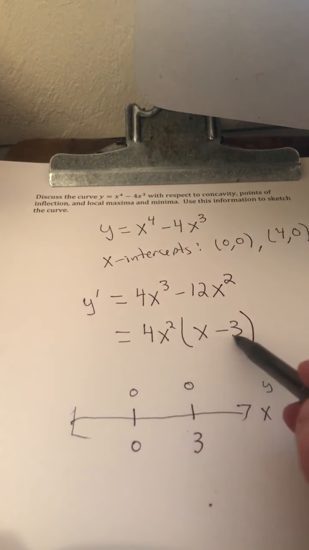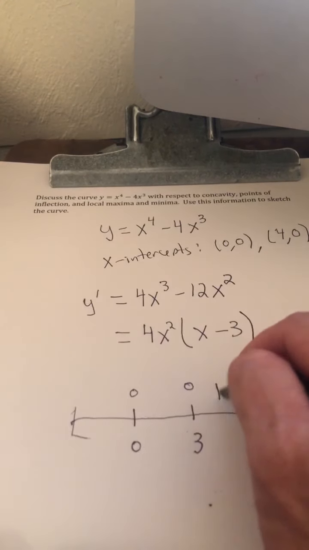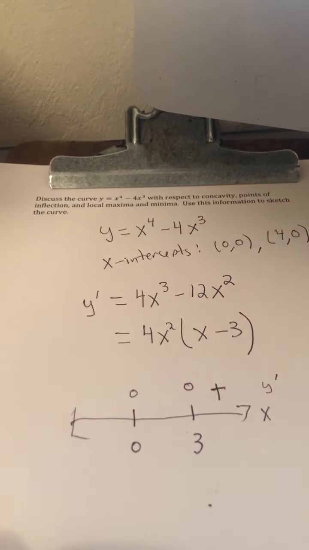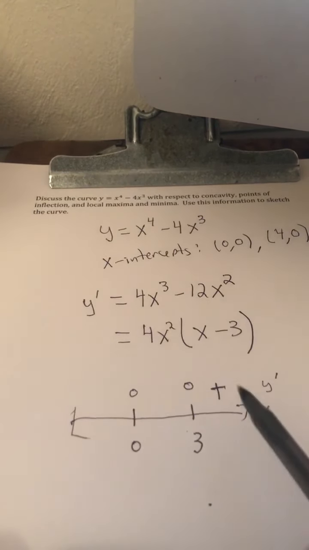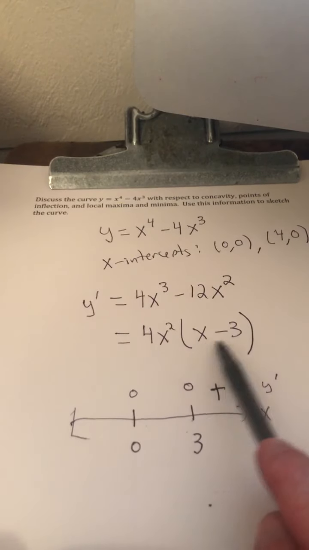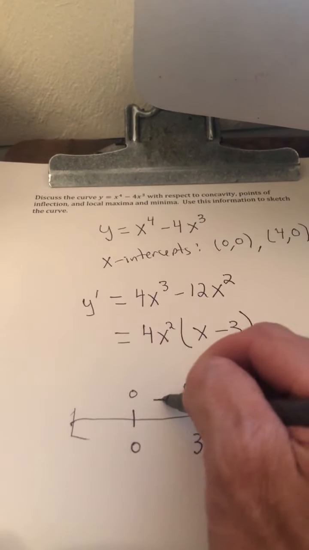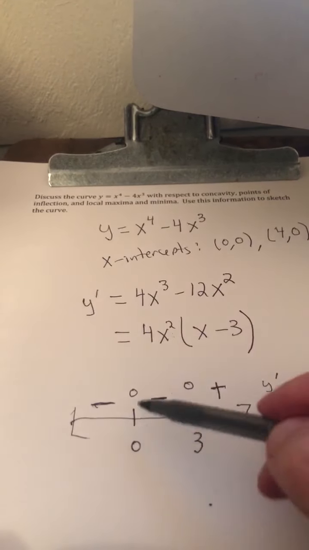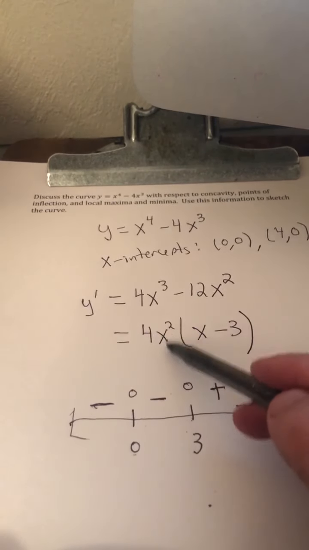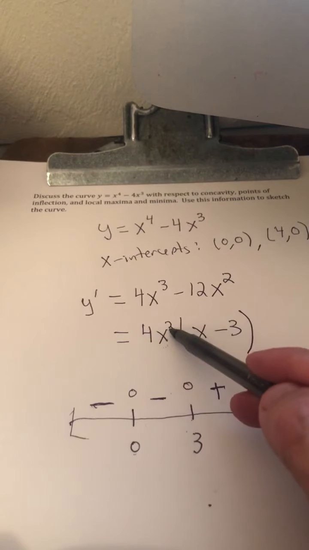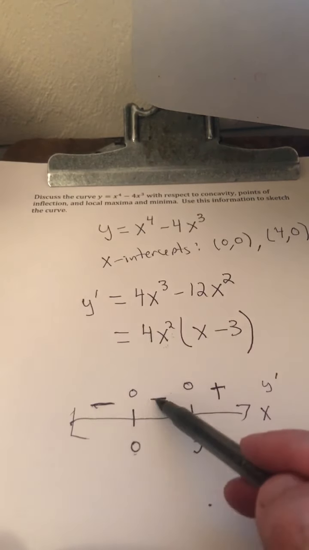Well, the first derivative is positive. And if you pick a value of x between 0 and 3, x minus 3 becomes negative, and x squared is never negative. So around 0, the derivative does not change sign. The reason is that the factor that corresponds to x equal to 0 is x, and x is being raised to an even power. So that's why we're getting repeated behavior here.